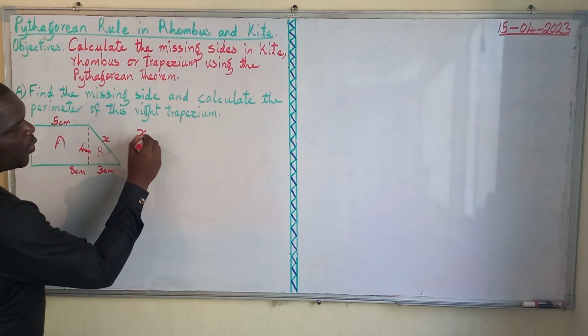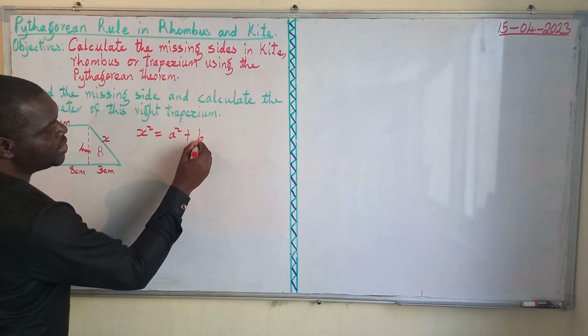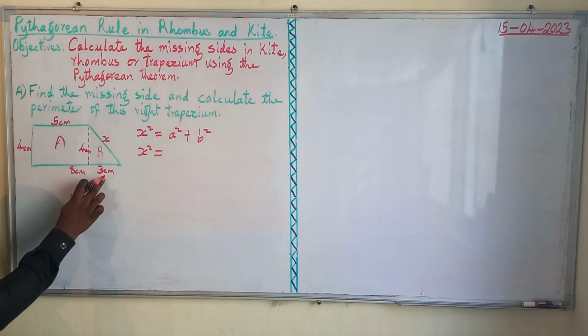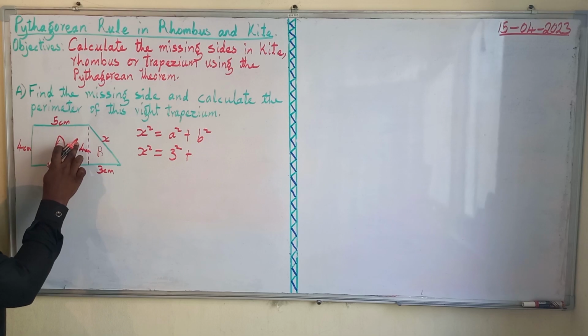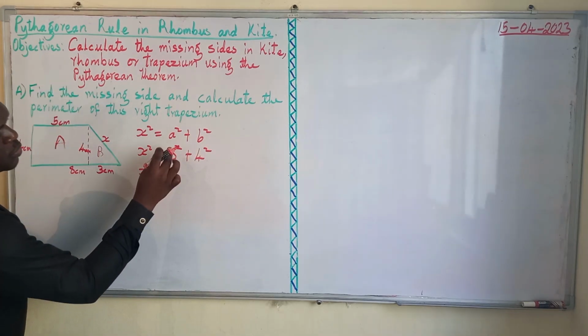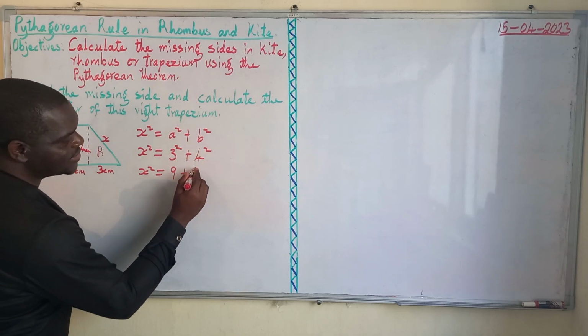So x squared will be equal to a squared plus b squared. X squared we don't know, but a squared we know as 3 squared plus b squared we know as 4 squared. X squared is equal to 3 squared, which is 9, plus 4 squared, which is 16.